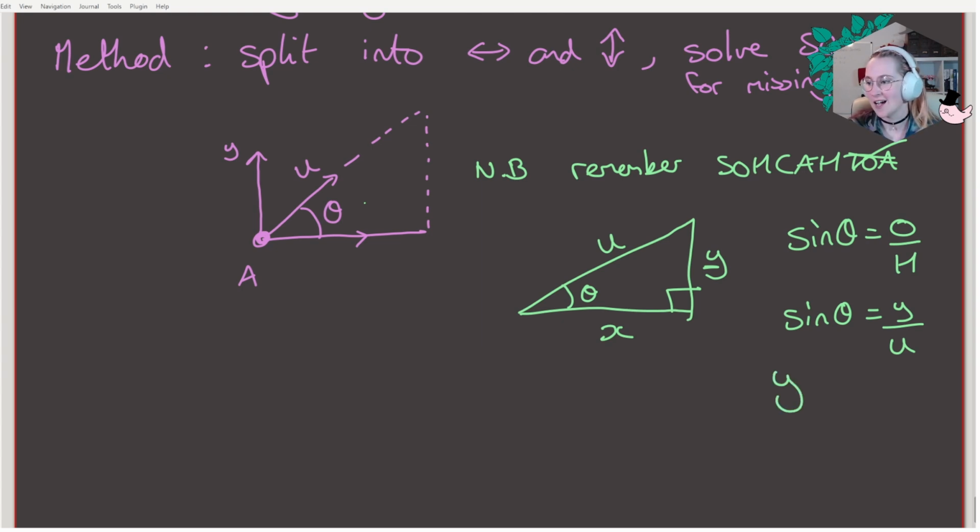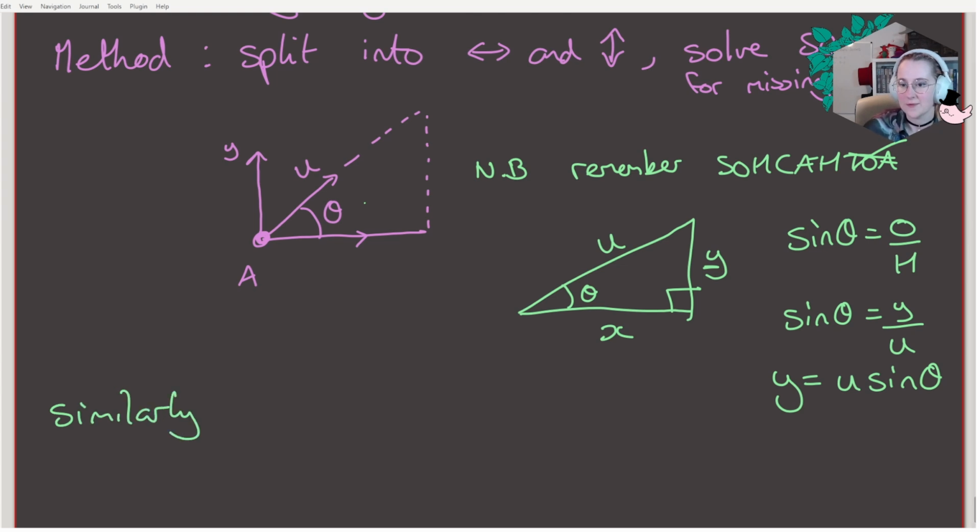And that gives us that our y component, our vertical velocity, is u sine theta. And similarly, cos theta is a over h. So adjacent, which is the side next to the angle, so that's x over u.